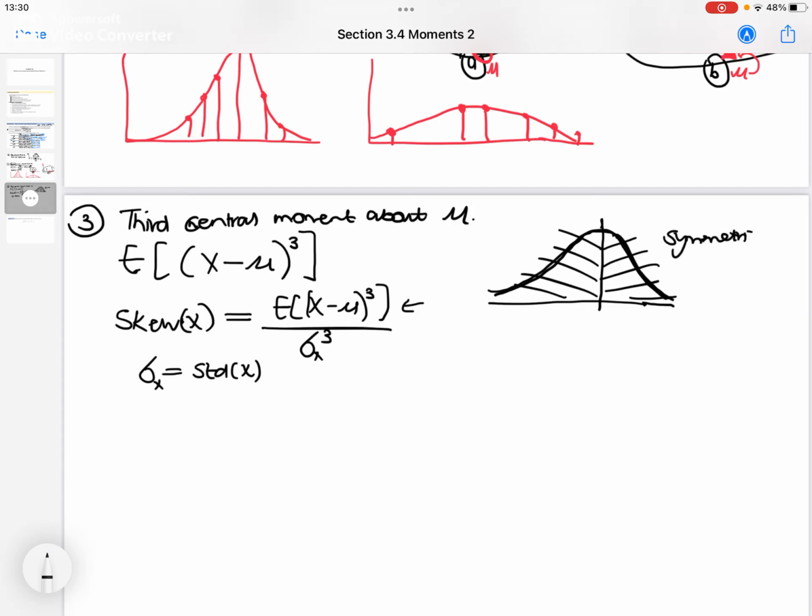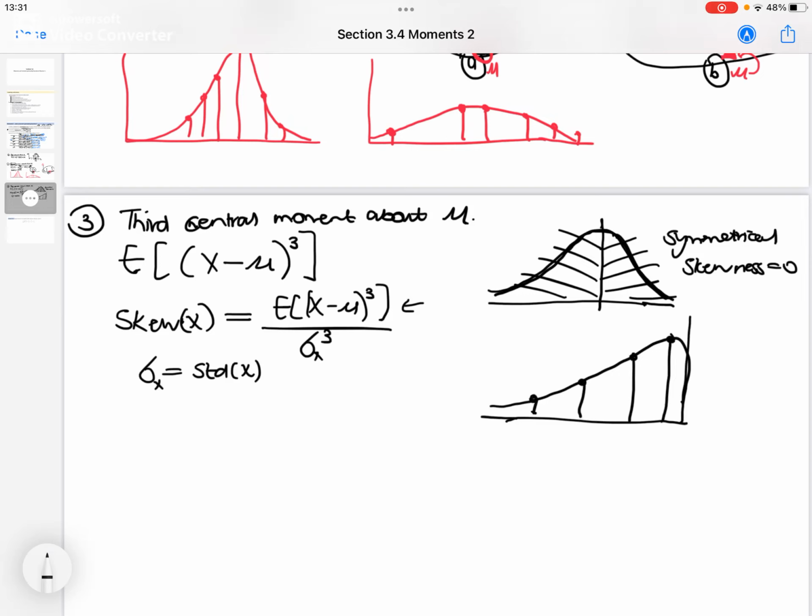So if it's symmetrical, then the skewness of that random variable will be equal to 0. If it's negatively skewed, then if you draw a curve over your line graph, your curve will look something like that. So we'll say here that the value of skewness will be negative.